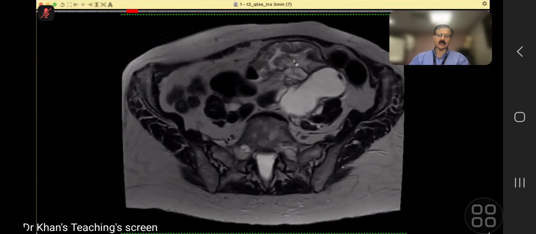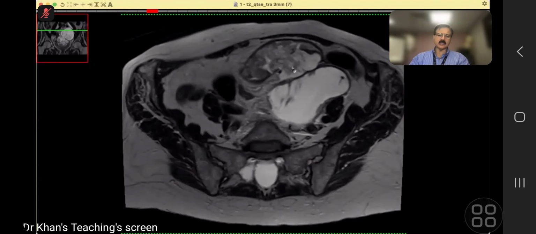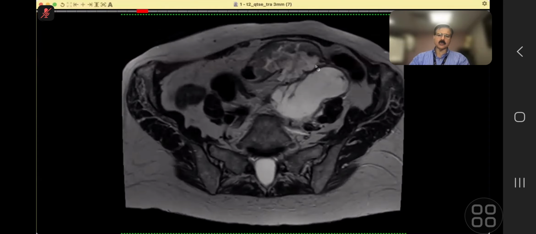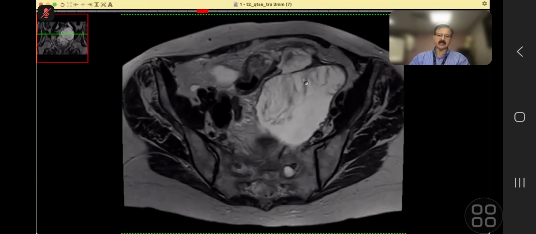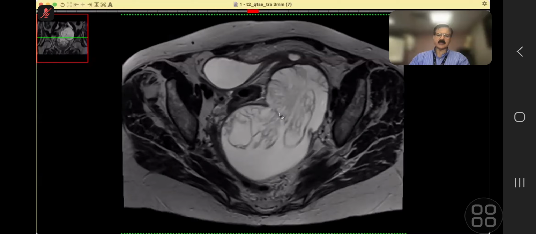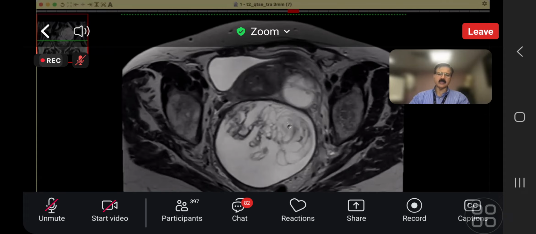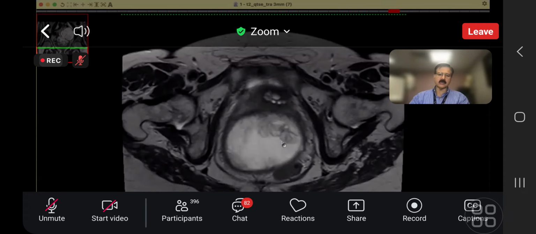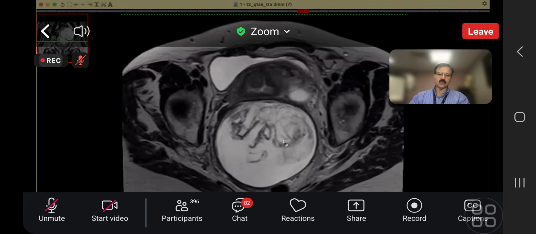This is the wall of the sigmoid. And with that, this mucinous component is breaching the wall; from here to here, there is no wall. It is coming out. And this material is similar... went into the vagina. So this one is going all the way down into the pelvis.